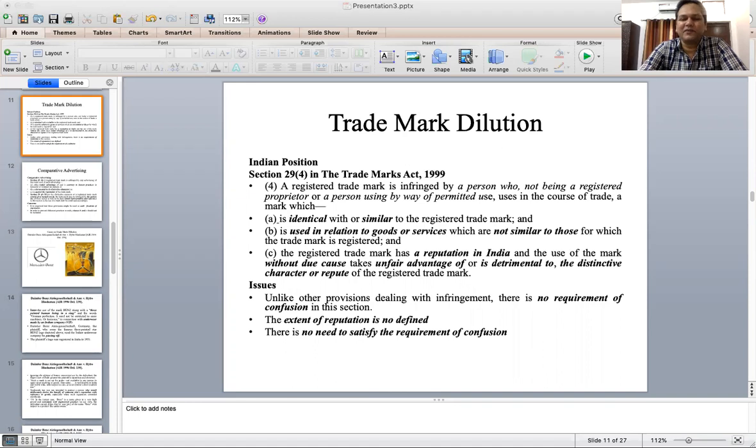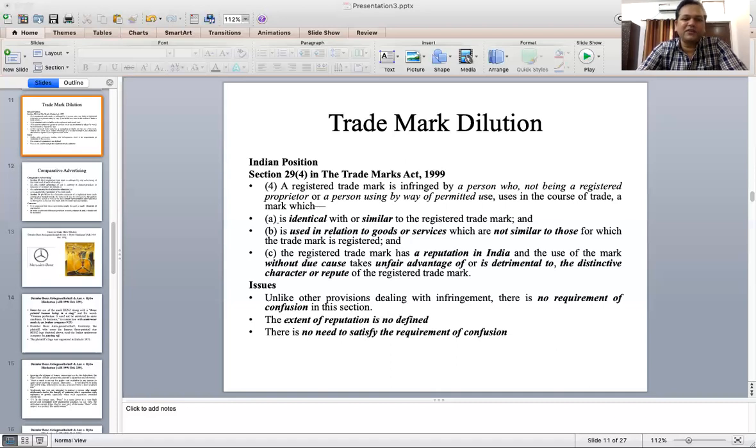So we should start with the Indian position, and we must discuss two cases today. Starting with trademark dilution, how India defines it. In the 1999 Act, under section 29 clause 4 of the Trademark Act 1999, it defined how dilution could occur.